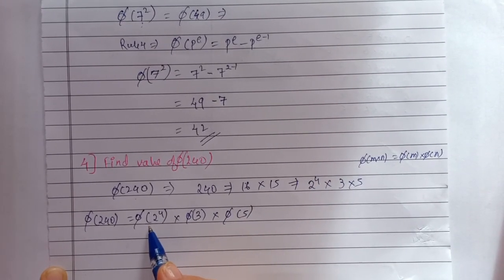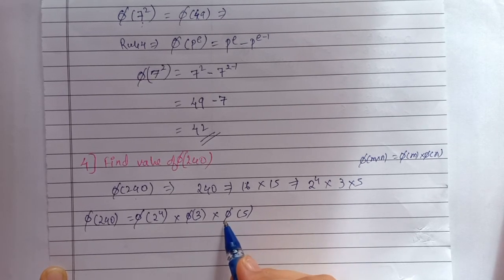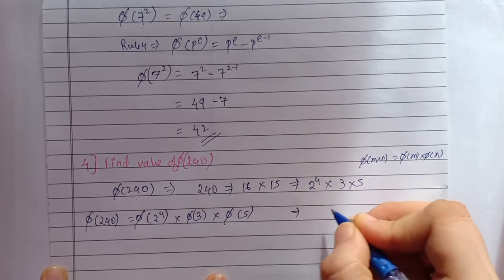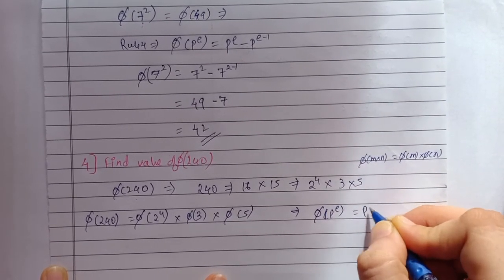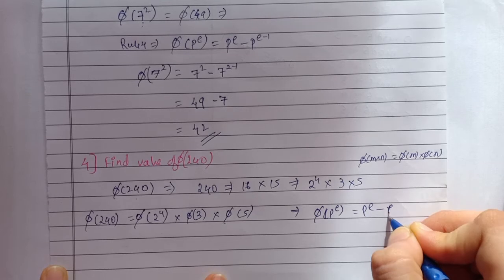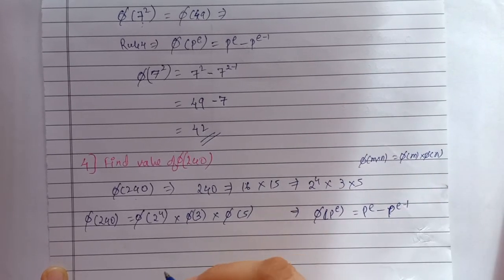The first term we will solve using rule number 4, and the other two using rule number 2. Rule number 4 says phi of p raised to e is equal to p raised to e minus p raised to e minus 1.